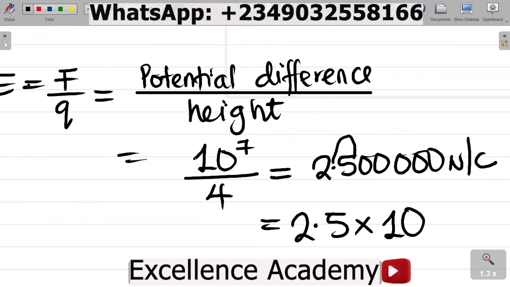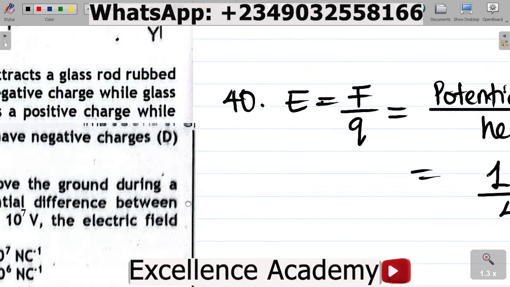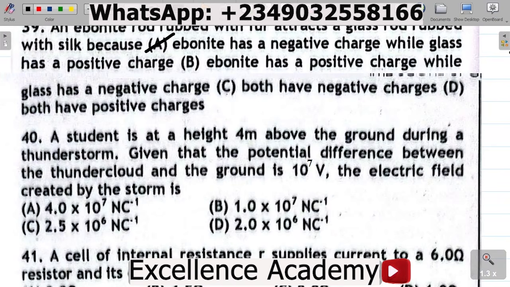I'll move 1, 2, 3, 4, 5, 6 times, so 10 to the power 6 Newton per Coulomb. So my answer there is 2.5 times 10 to the power 6 Newton per Coulomb. That's option C. So yeah, option C, 2.5 times 10 to the power 6 Newton per Coulomb is the correct answer.